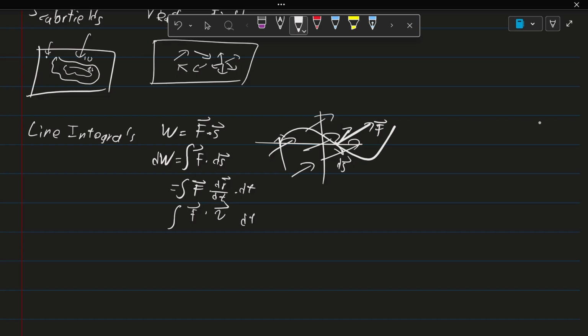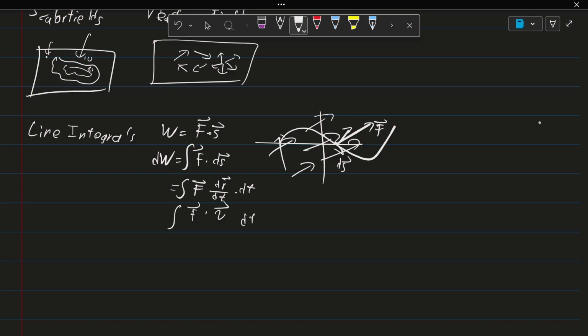If you know your velocity, your change in position over the change of time, multiply that by your force, and then you have a parameter, let's say time, you would know the force, what's the work needed, or your line integral.